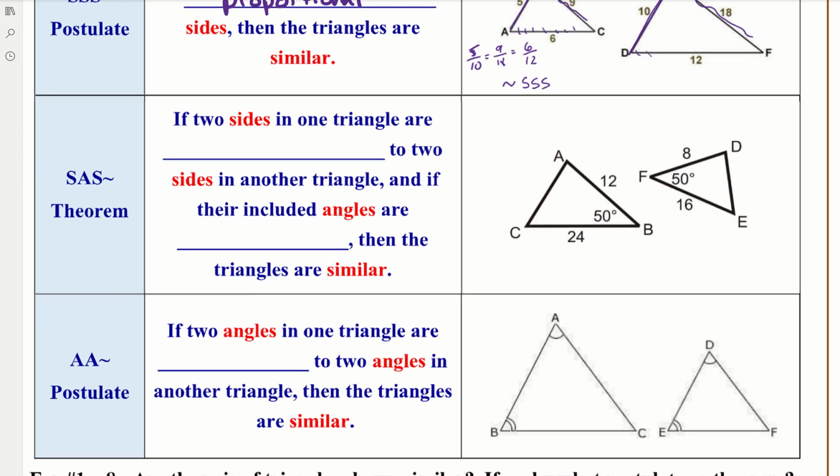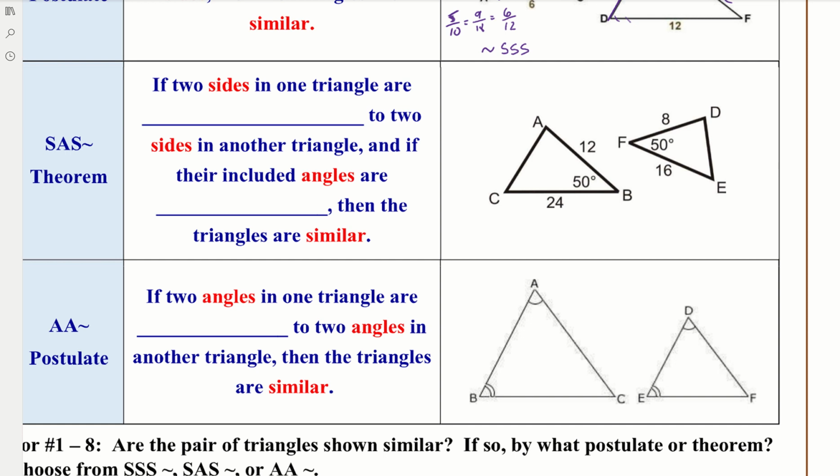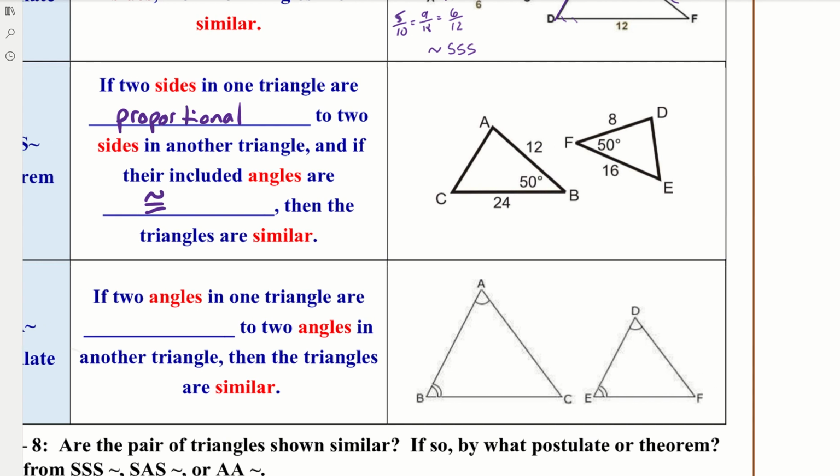Another way to say that 2 triangles are similar is the side-angle-side theorem. If 2 sides of one triangle are proportional to 2 sides in another triangle, and if their included angles are congruent, then the triangles are similar.